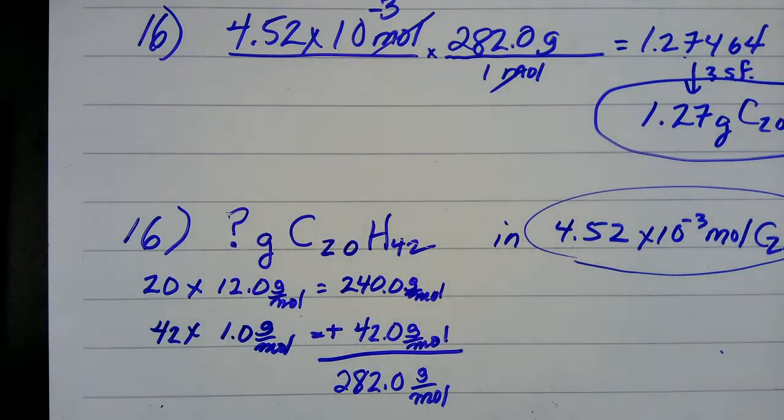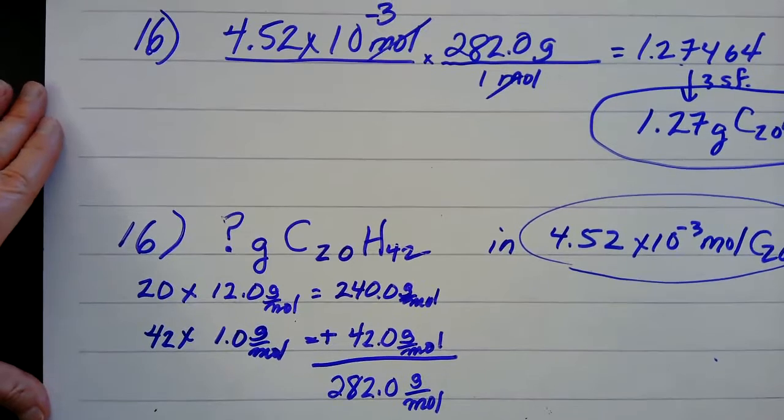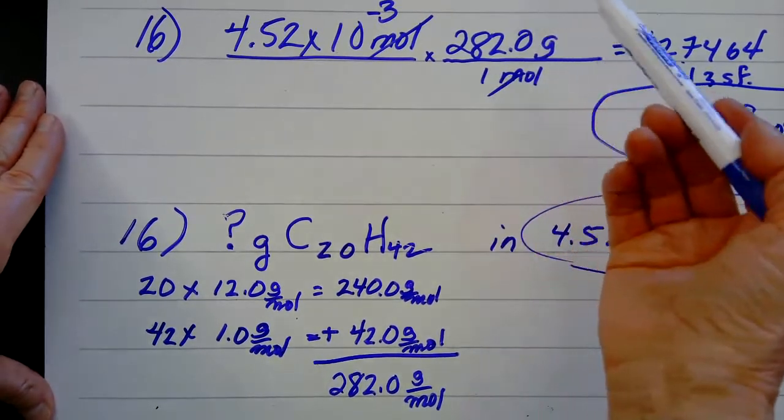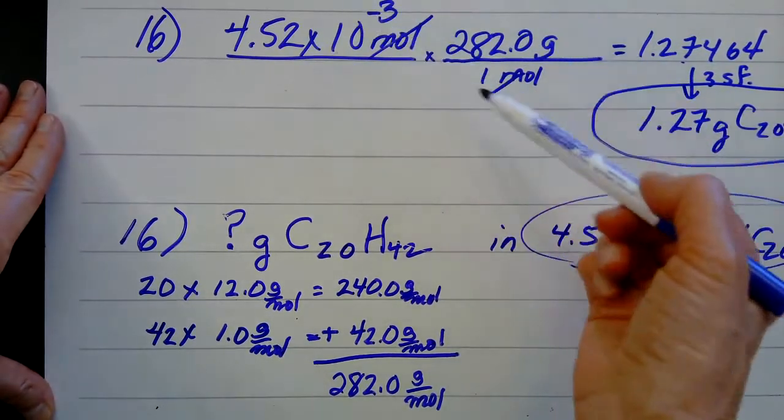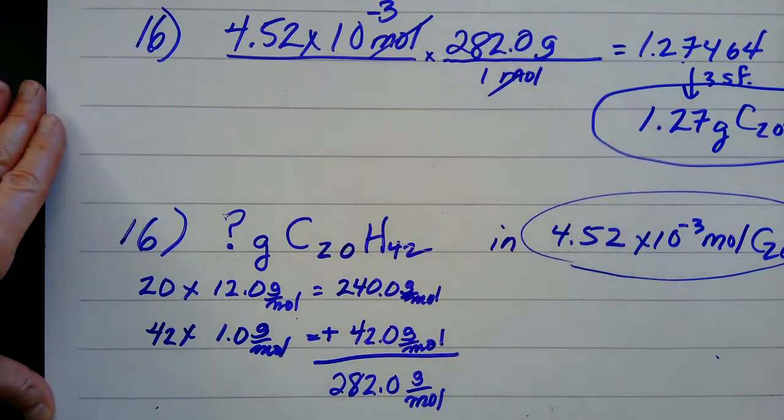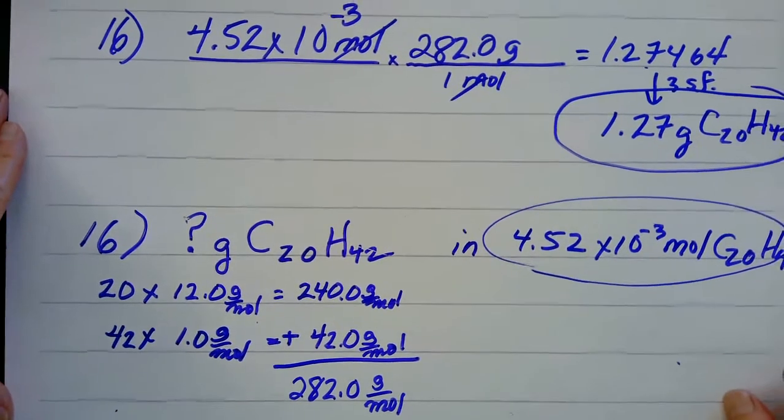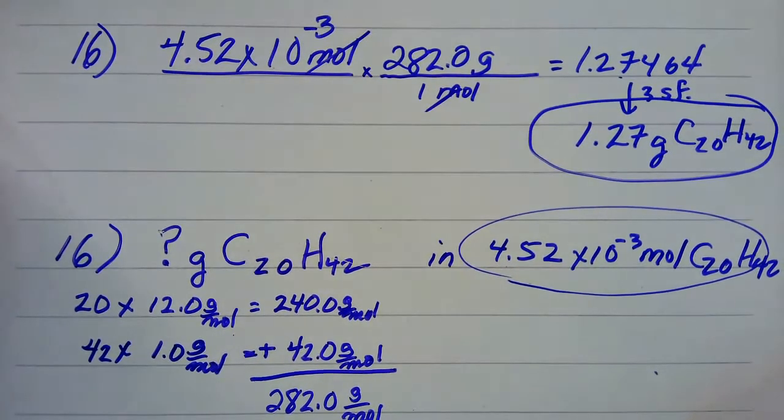Okay. So again, when we're solving for the number of grams given moles, we use the molar mass with an orientation that allows for moles to cancel, and we end up in values of grams, C20H22.